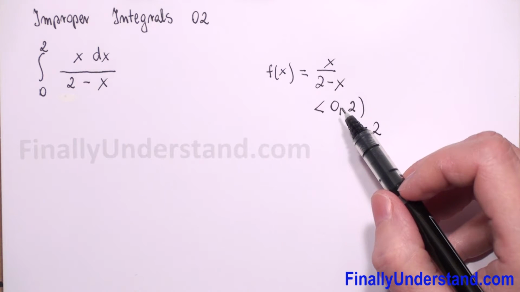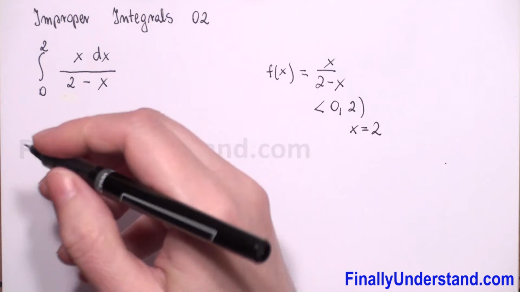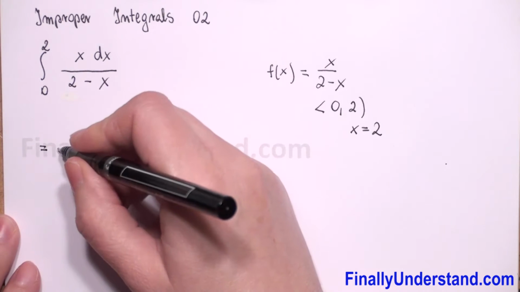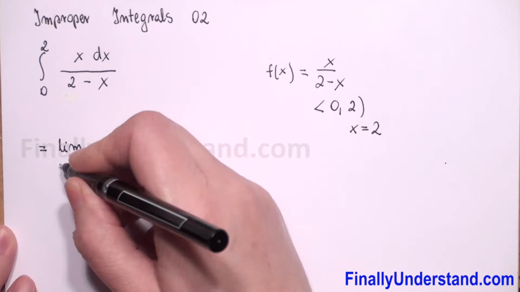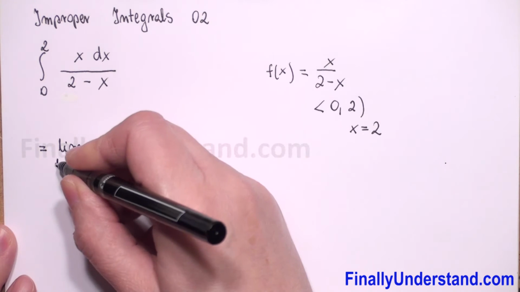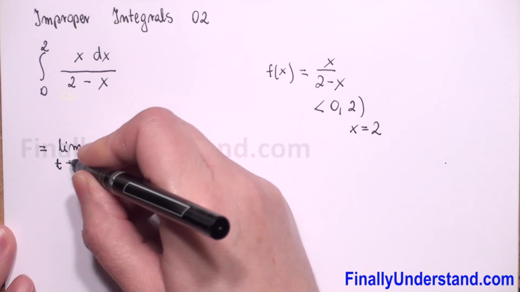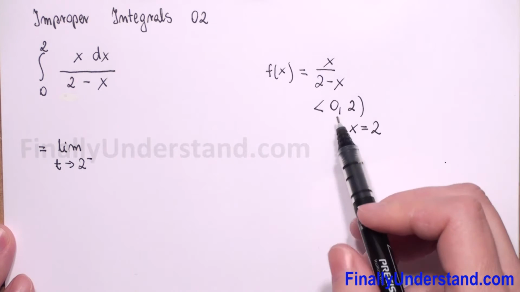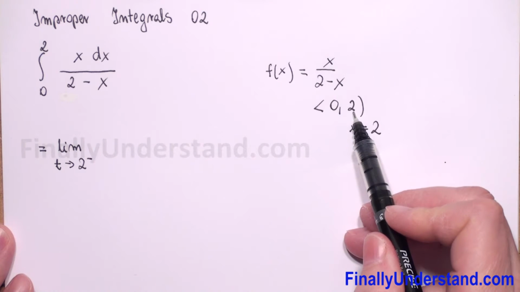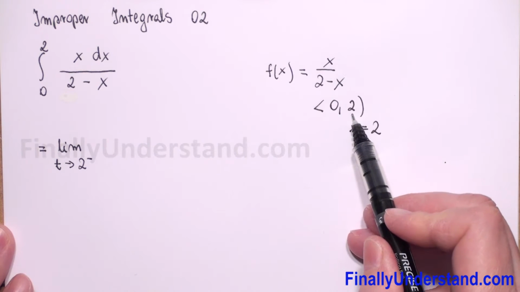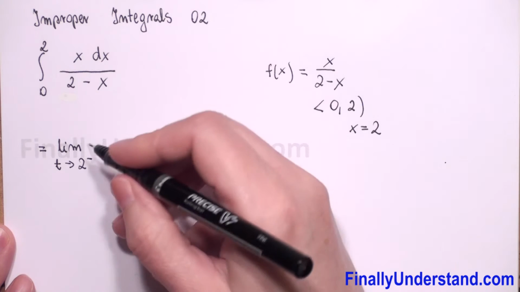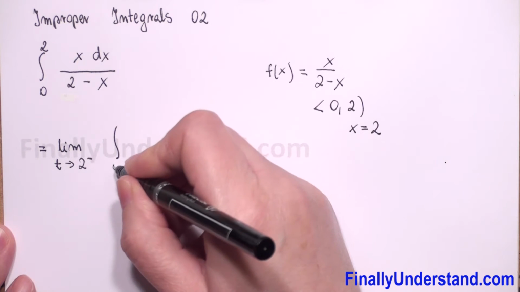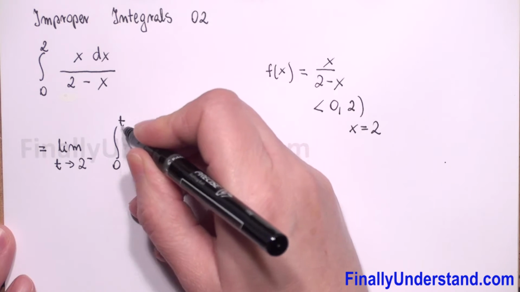So in this case we need to rewrite our improper integral as a limit, and we will put t goes to 2 from the left side, because we have the interval from 0 to 2, so we are going to 2 from the left side, and we will have a definite integral now from 0 to t.